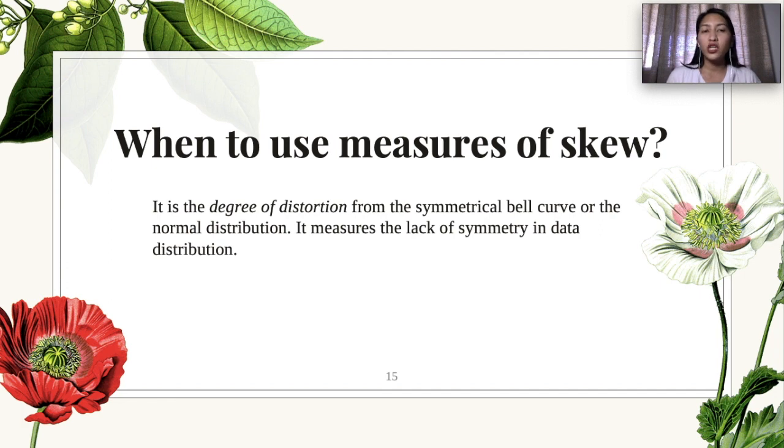So, kapag distorted yung ating data, meron siyang lack of symmetry in the data distribution. Ibig sabihin, hindi siya normally distributed. Ang leaning ng data natin, kapag graph mo yan, is leaning siya to the high end or leaning to the low end, to the right or to the left.